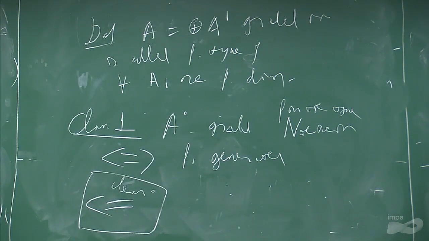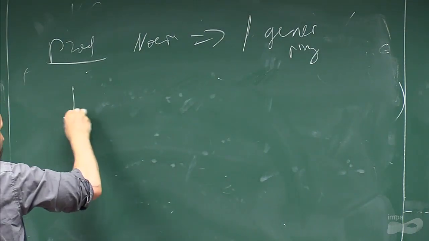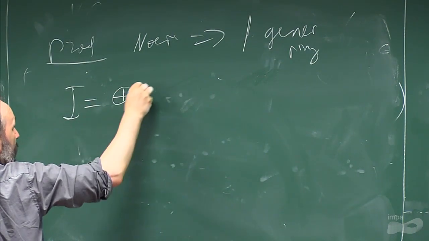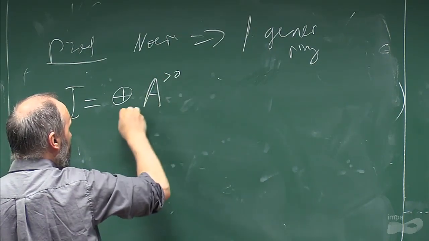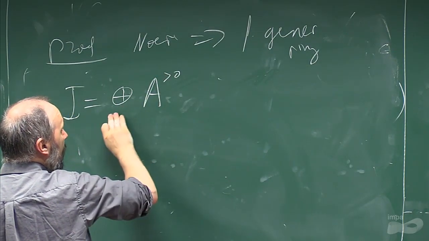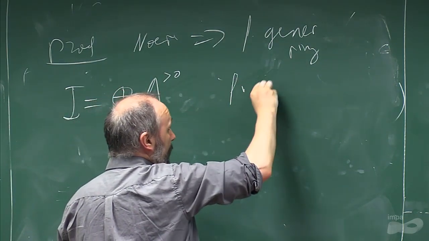Proof that Noetherian implies finitely generated ring. So we have an ideal I, which is just the direct sum of the positively graded pieces. This ideal is a finitely generated ideal.